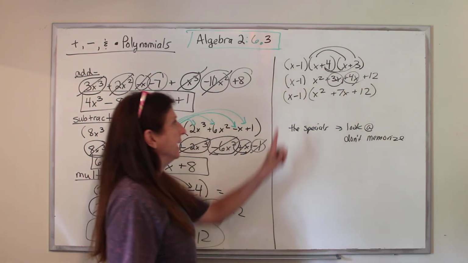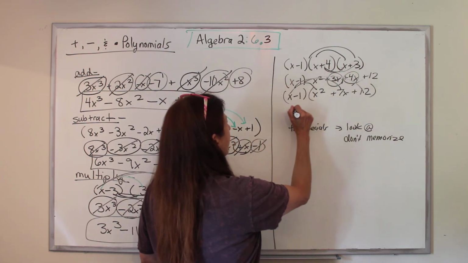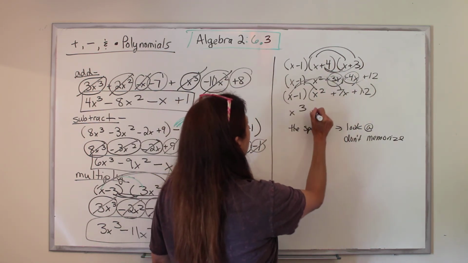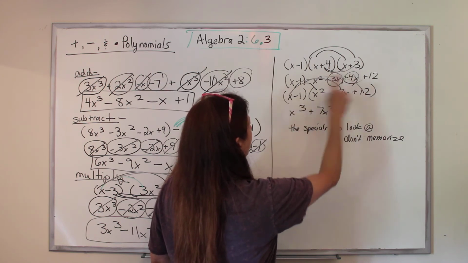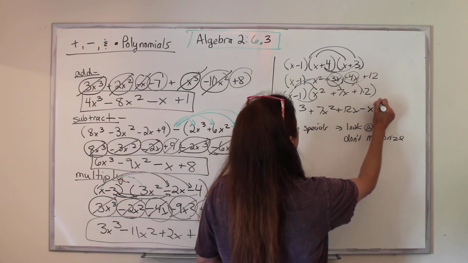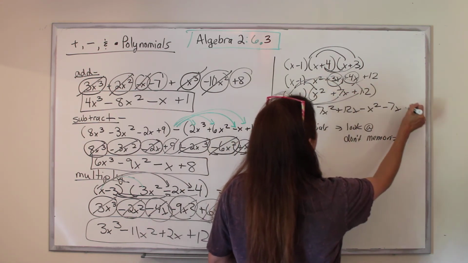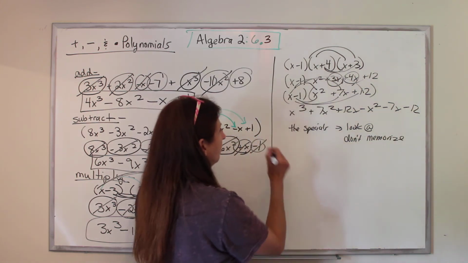And I do it again. I'll do each of these. So that's x to the third plus 7x squared plus 12x minus x squared minus 7x minus 12. Now I gather them up.